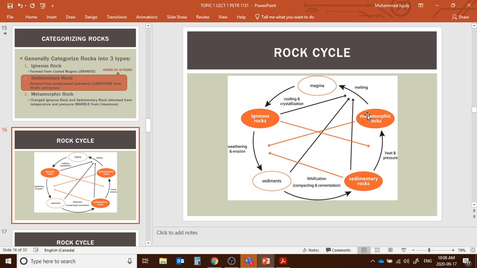Now, if the sedimentary rocks transform to metamorphic rock, then these metamorphic rocks can also erode and create sediments, and then sedimentary rocks and metamorphic rocks. So this is a big cycle, and this cycle is known as the rock cycle. Very, very important. Please remember that. Very, very important cycle.